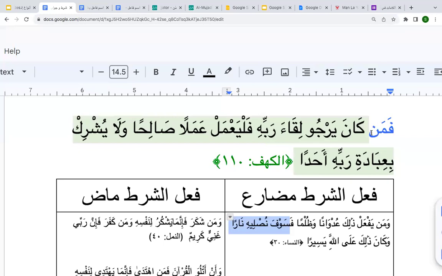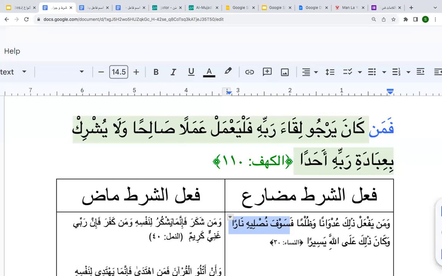I'm not considering the whole sentence yet. I'm asking you to give me the status of just kana. There was a man shartiya. You are calling this man shartiya, yes or no? Kana is going to be fi mahali jazmin, because now it is fail madin naqis. So now I have to label it as fi mahali jazmin.